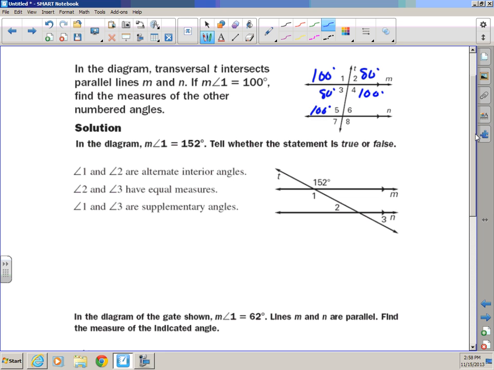1 and 5 are corresponding. That means they are congruent. 1 and 7 are same side exterior. They're supplementary. Okay? 3 and 6 are alternate interior, congruent. And 2 and 8 are same side exterior, supplementary.